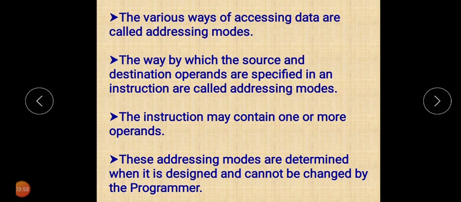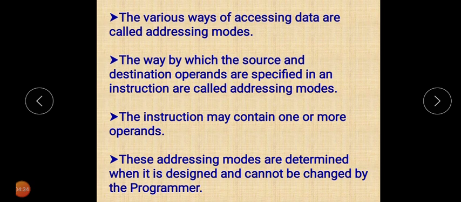For example, we can store data in a register and then use that register wherever we want the data, or we can also store the data in a memory location and access the memory location. Therefore, there are different ways in which the data can be accessed or specified. These different ways are nothing but the different addressing modes in 8051 microcontroller.